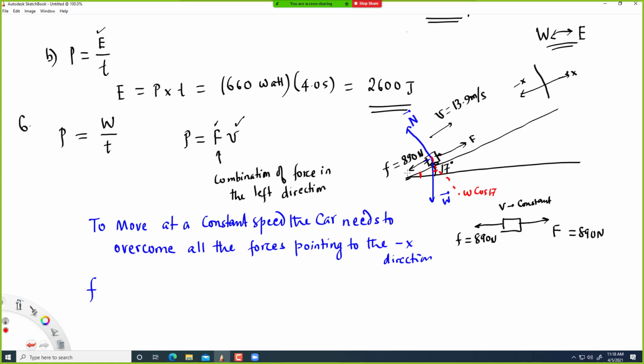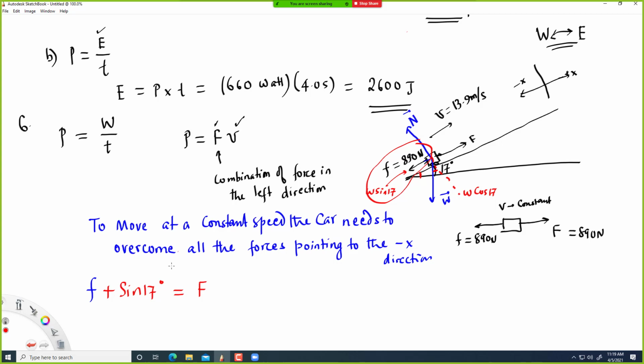And then this part of W is W sine 17. Okay, so these are the 2 forces pointing along the left or negative x direction. So both are negative, or you can just combine the 2. Okay, F plus W sine 17. So these are the 2 forces on the negative x direction, and that would be equal to the force that the car exerts.